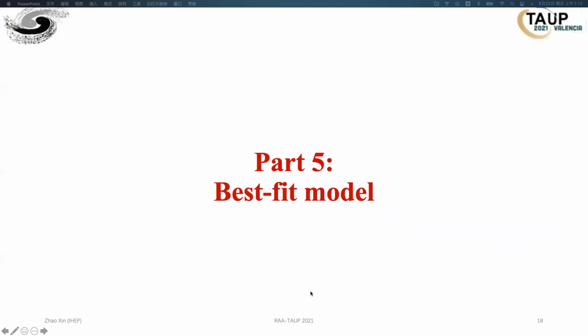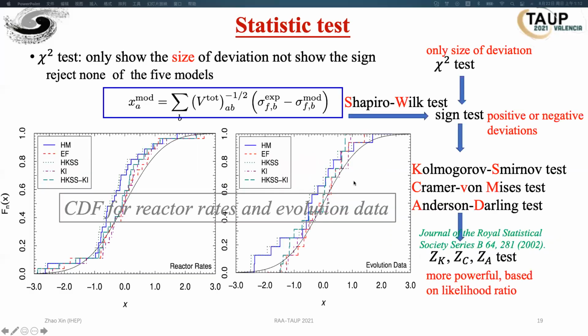Let's move to part 5, the best fit model. Considering the squared term in the chi-square test, the test only shows the size of the deviation. If we want to rely on both the size and the sign of the deviation, we need to form transformed data in this equation, the X A mode.